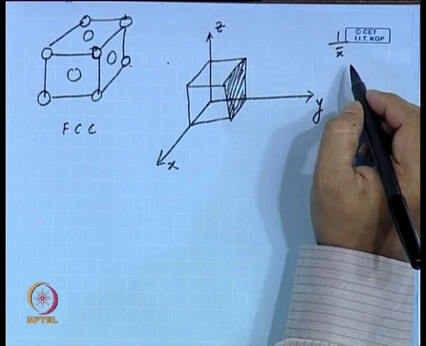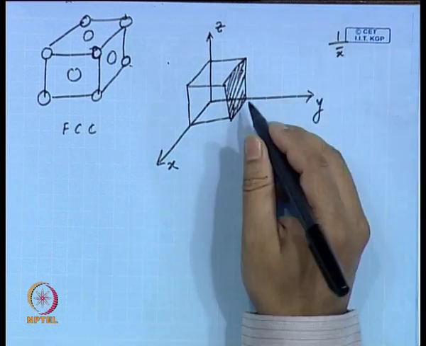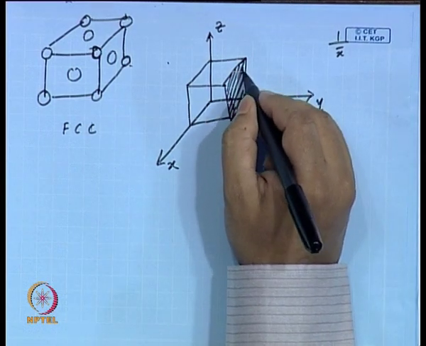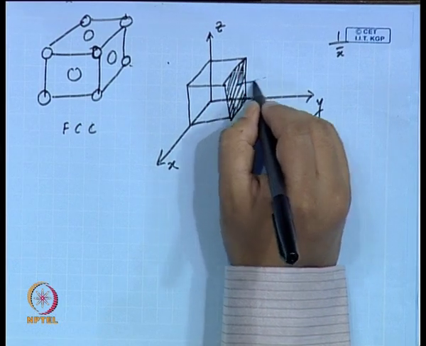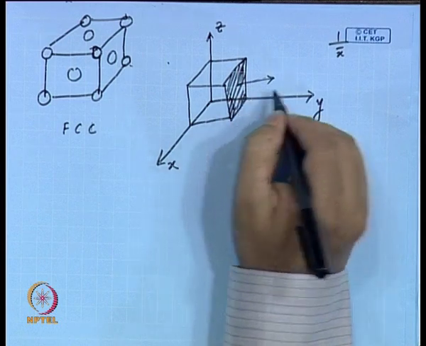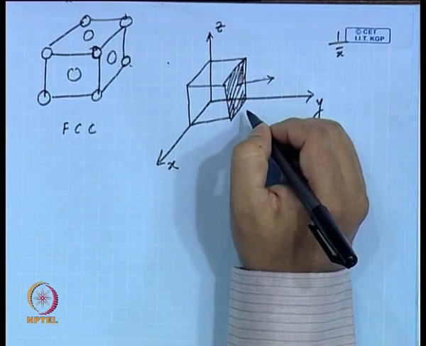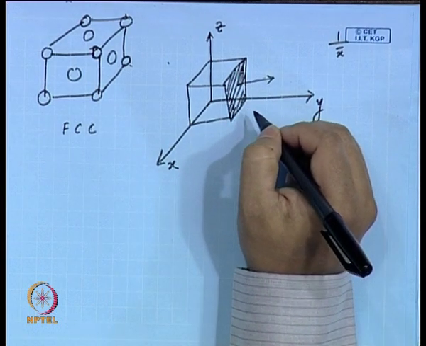That means, what would be this plane? Typically, when it comes to a plane, if we assign a vector to it, we write it perpendicular to this plane, and we refer to that as the direction as far as this plane is concerned.